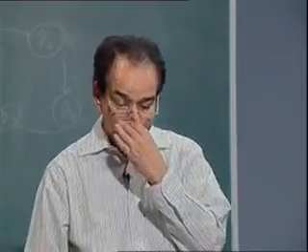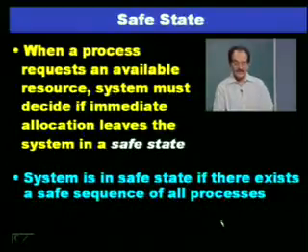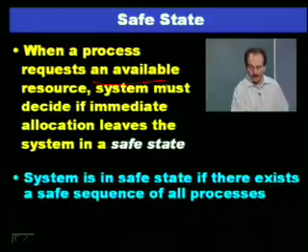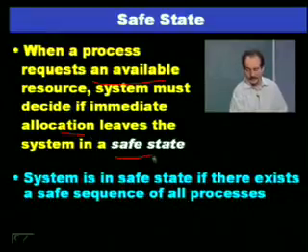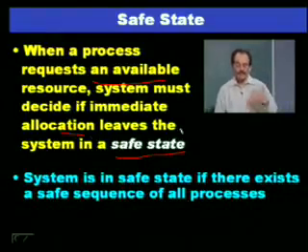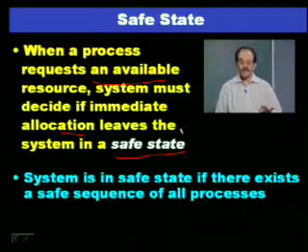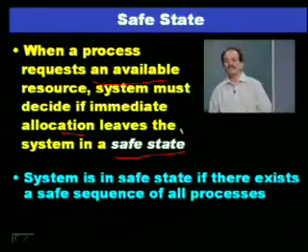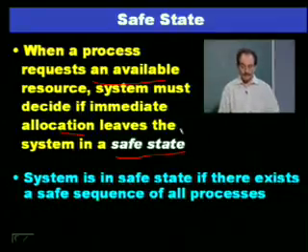Now, when do we say my system is in the safe state? When a process requests an available resource, the system must decide if immediate allocation leaves the system in a safe state. Okay, whatever resources I require, in case those are available, then I say my system is in the safe state.